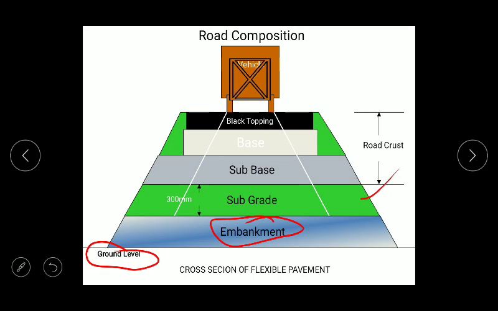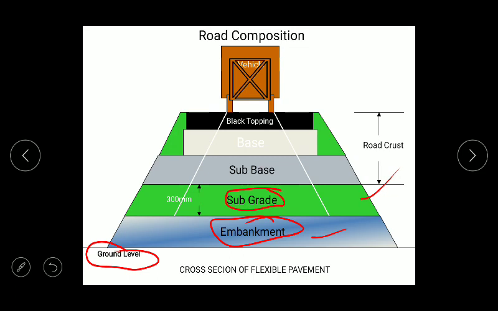It is essential to keep the subgrade, which is provided above the embankment, above the water table or a higher water table in the ground, to prevent damage to the pavement due to surface water and capillary water.